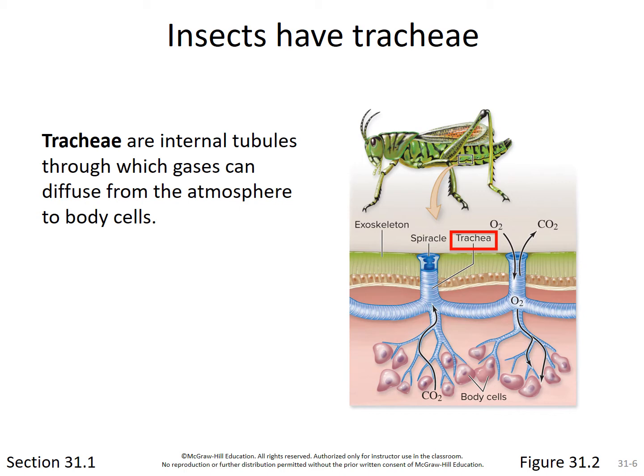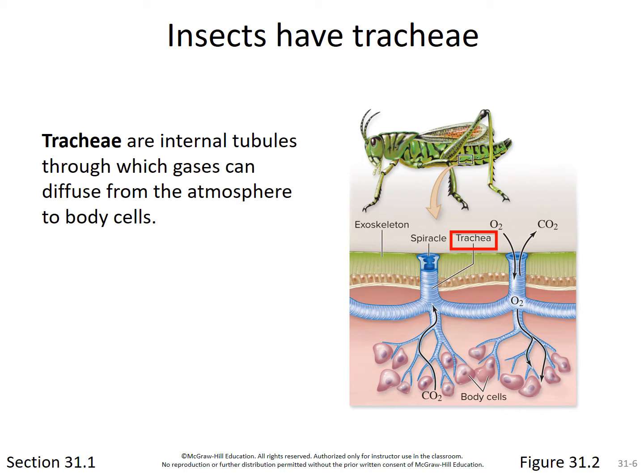Okay, now another consequence is this makes insects more vulnerable to the outside environment than they might be otherwise. So if you spray an insect with Raid, it's going to keel over pretty quickly, and the reason why is because when you spray an insect with something poisonous, you're going to introduce that to a lot of cells immediately.